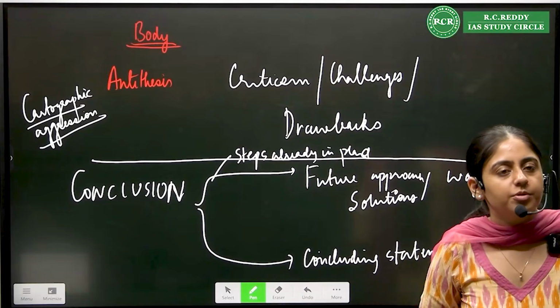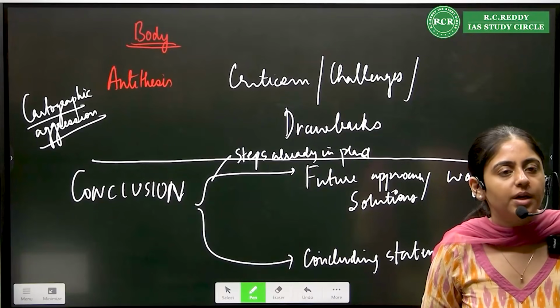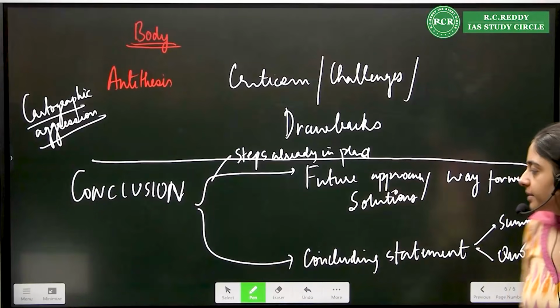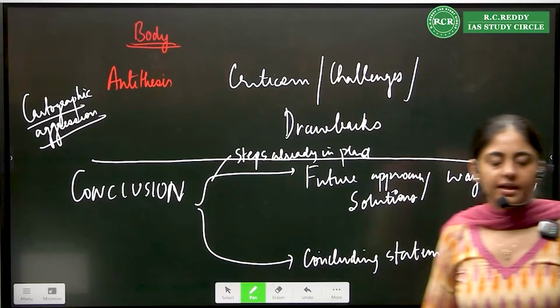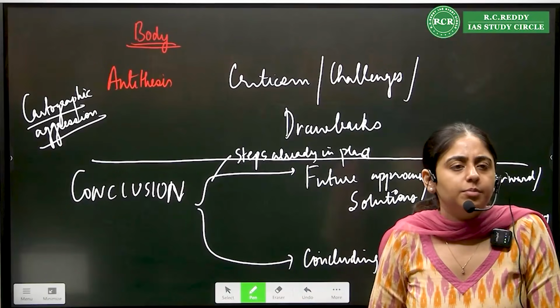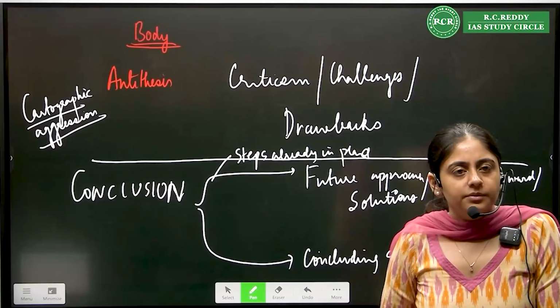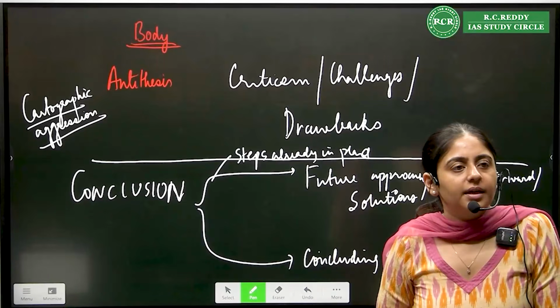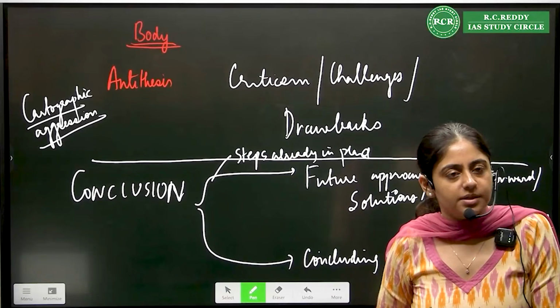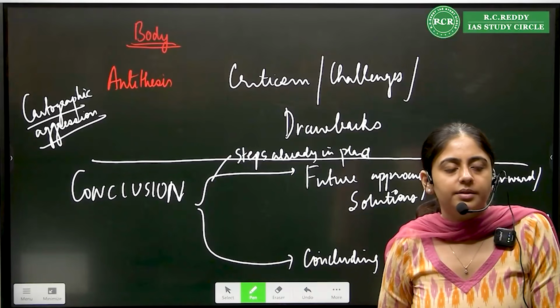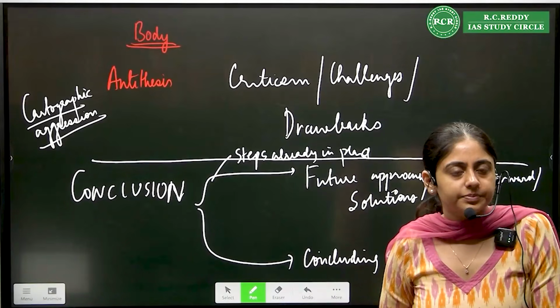Futuristic in approach, solution oriented, right? And then at the end, you will give a concluding statement. Include some quote, some good line, summarizing everything in that particular impactful line, and you close your essay. Right? Are we clear here?